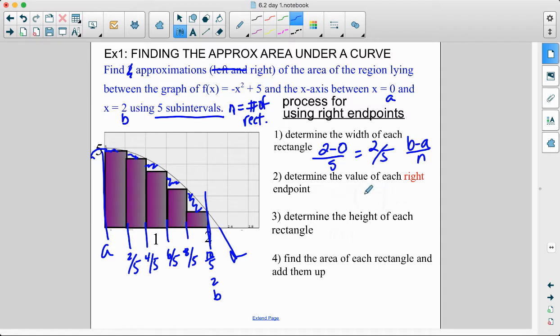So to determine the value of each right endpoint, you do b minus a over n times the number that you're on. Like if we're on the first rectangle, it's b minus a over n times 1. If we're on the second rectangle, it's b minus a over n times 2. So it's times i, which is the counter of whichever rectangle. And if the left endpoint is not 0, you'd have to add that on.